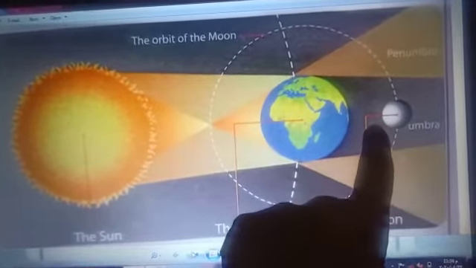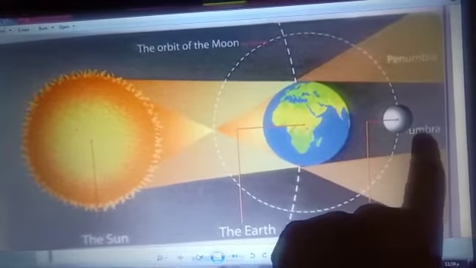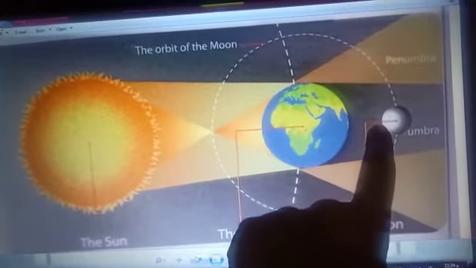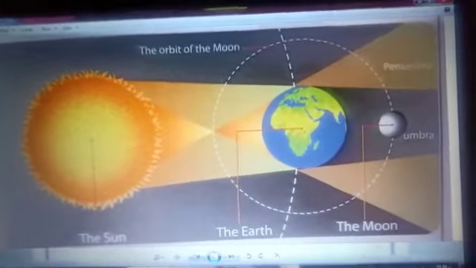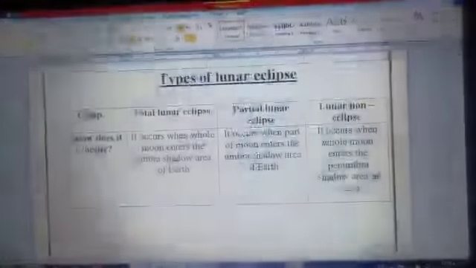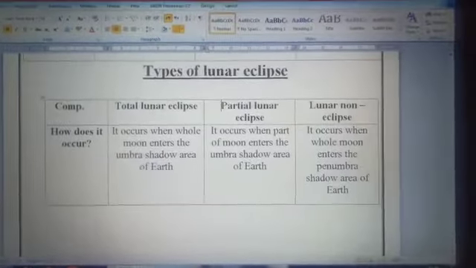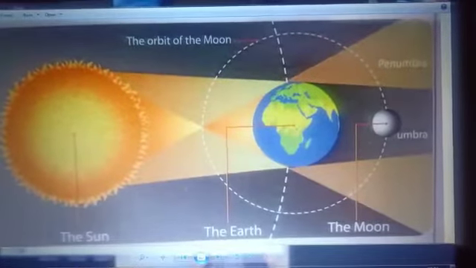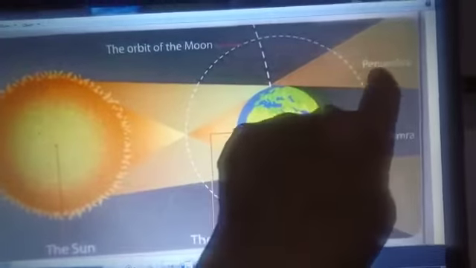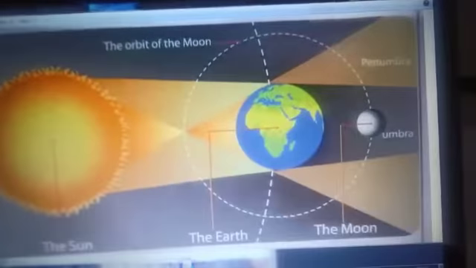If the moon is in umbra shadow area, so it's called what? Total lunar eclipse. If the moon is in penumbra, it's called what?